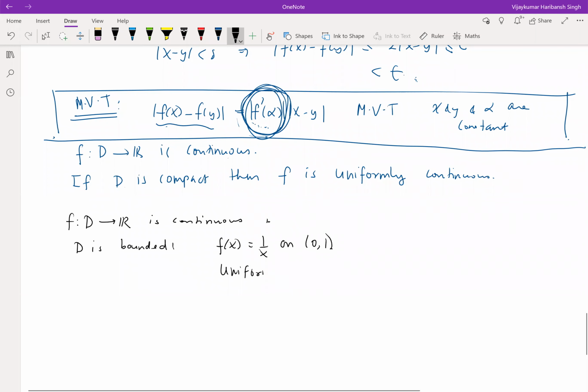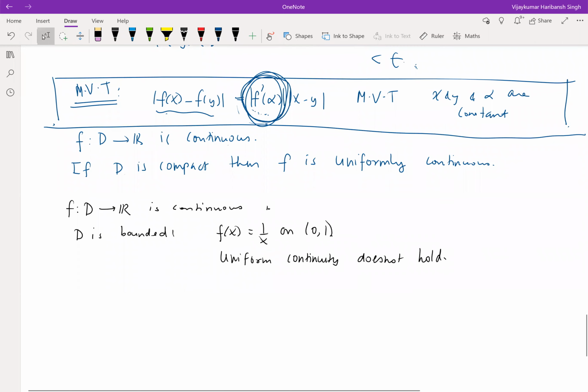Uniform continuity does not hold here. Right? However, in some cases it will hold. For example, if you take f of x equals x squared, it was not uniformly continuous on the whole of R, but on [0, 1] it is uniformly continuous.